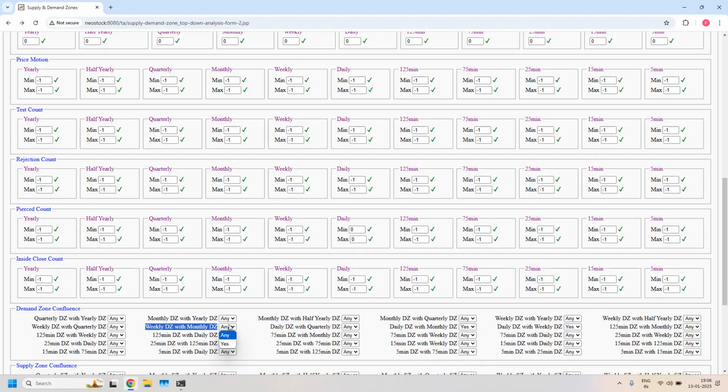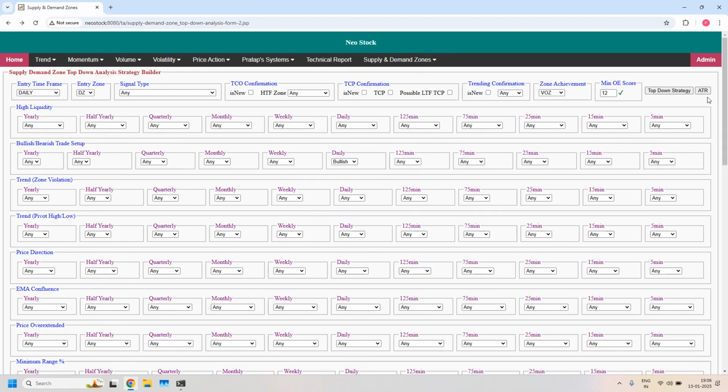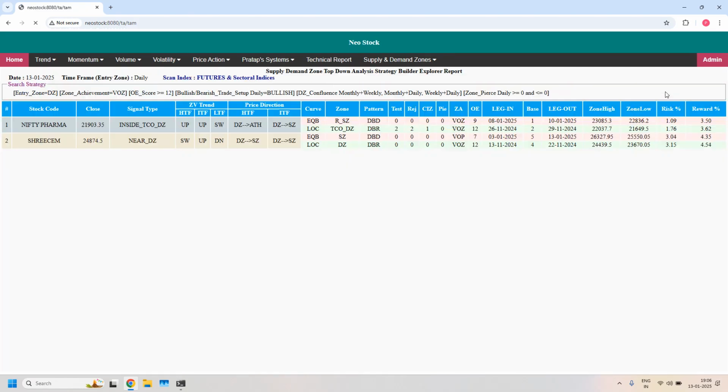Third filter, weekly demand zone with monthly demand zone confluence. With all the 3 filters, LTF, ITF, HTF, demand zone confluence, we got 2 stocks. In these 2 stocks, these daily demand zones are part of the weekly demand zone, both together again part of the monthly demand zone. And monthly trend is up, if EMA confluence is there, that is even more high probability.